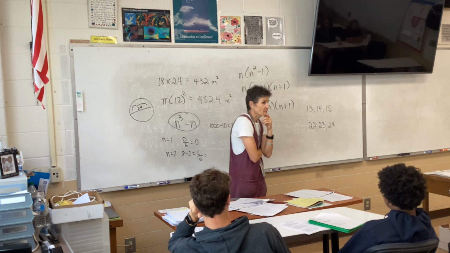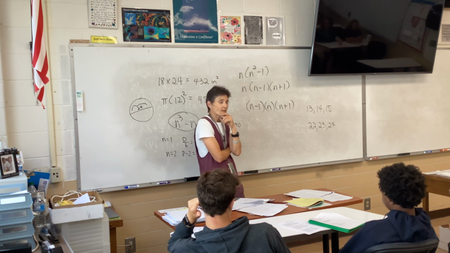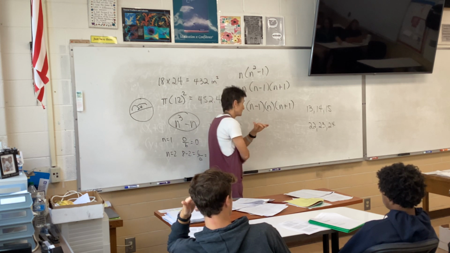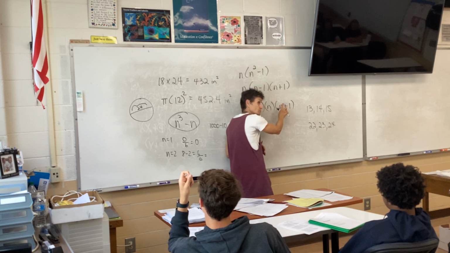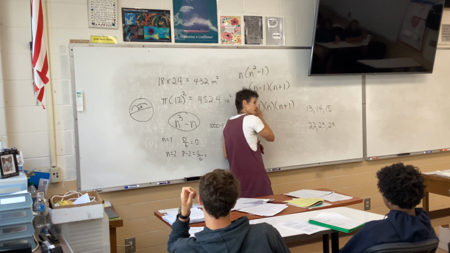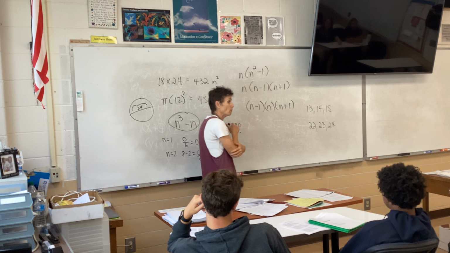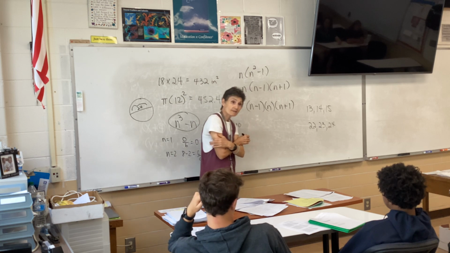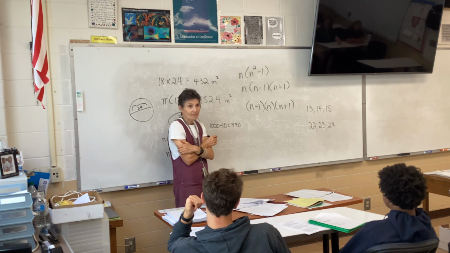Doesn't one of them have to be divisible by 3? So now I'm guaranteed that something in here is divisible by 2, and something in here is divisible by 3. Well, wait a minute. If a number is divisible by 2 and divisible by 3, it's divisible by 6.